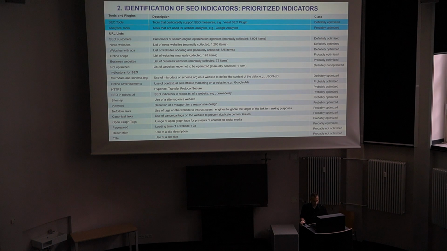And here are SEO customers, news websites, and so on. And also you can see indicators of SEO, for example, is HTTPS used on the URL, do they have a sitemap there, is a viewport defined, and so on. So some more technical stuff.